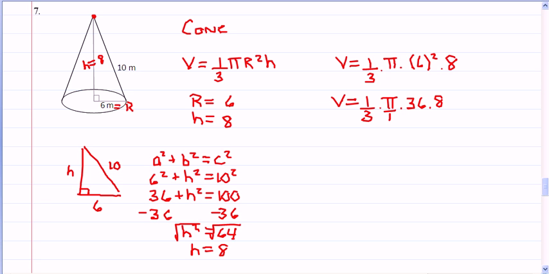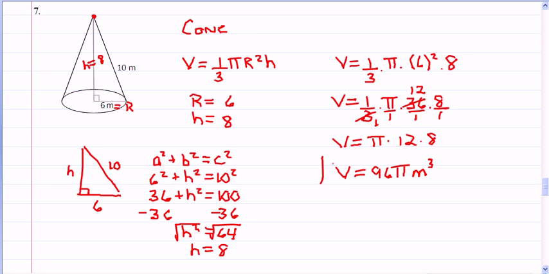So I'm going to put all of these numbers over 1, and the 3 can reduce with the 36 to 1 and 12, so that I just have pi times 12 times 8, which is equal to 96 pi. Our units are meters, so cubic meters. 96 pi cubic meters.